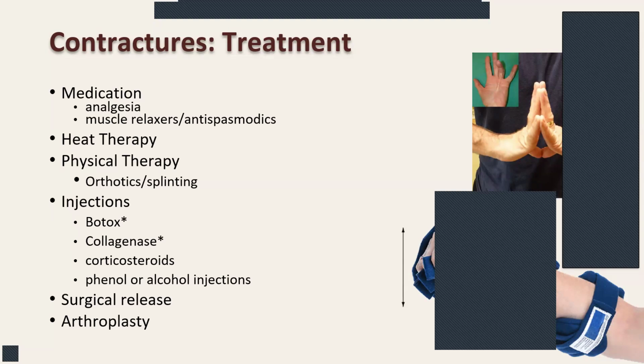When a client is demonstrating facial grimacing, or they're behaviorally acting out, which is common for them when they're uncomfortable, it's important to recognize those instances and then treat appropriately.